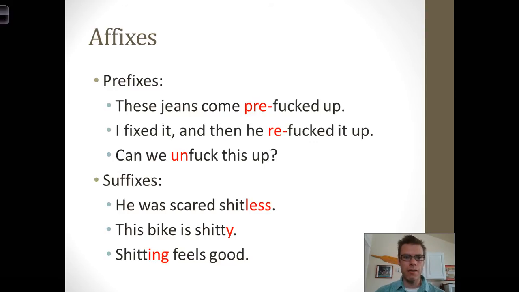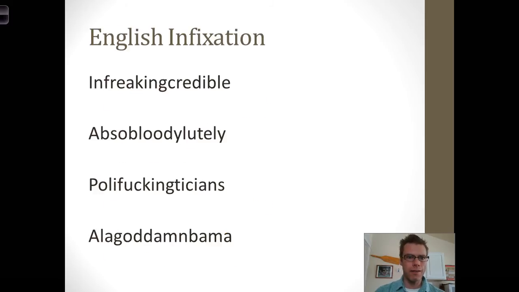Now, what's interesting is a lot of languages have infixes as well. English doesn't have them as much as some languages do, but we do have them. Most of them tend to be taboo to some degree or another, or are euphemisms for taboo morphemes. So we've got infreaking credible. We've got abso-bloody-lutely.